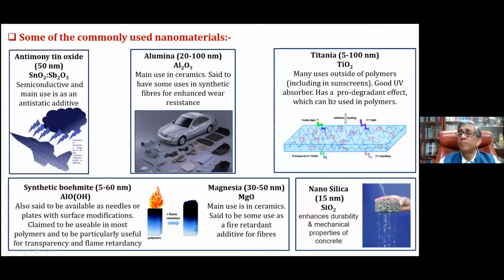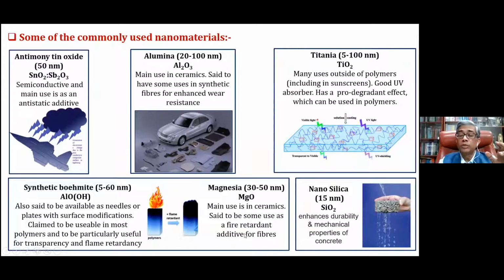White titanium nanoparticles are being used as absorbing materials. And then there is alumina synthetic boehmite, which is used for surface modification, for transparency and flame retardancy.